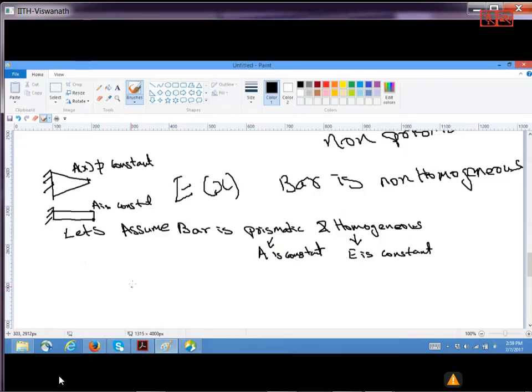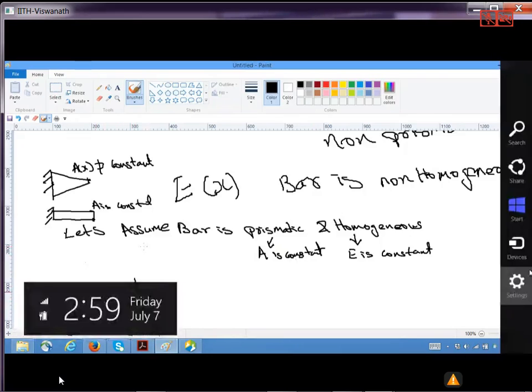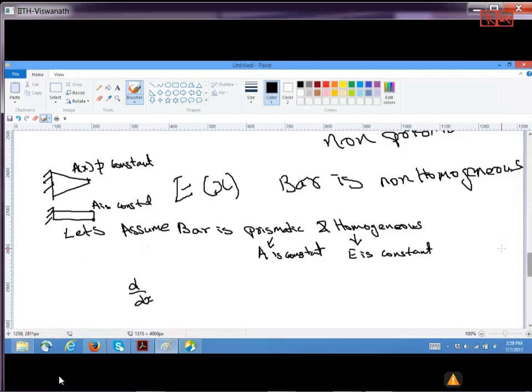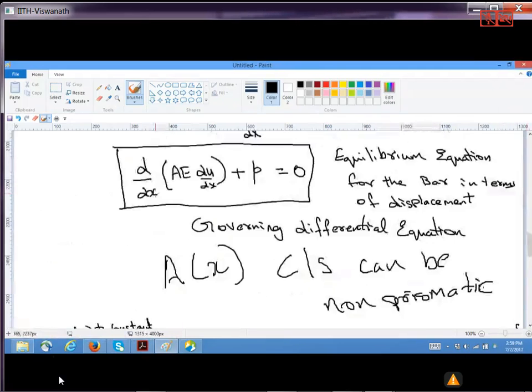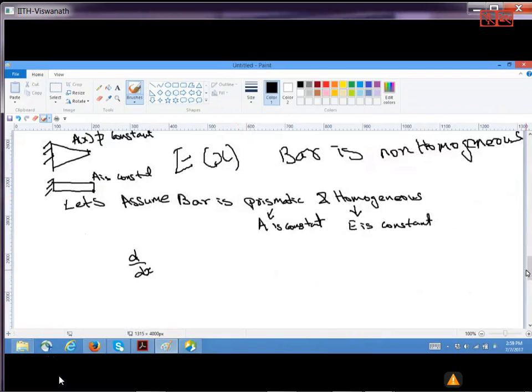Then my differential equation will become d by dx. Just because A and E are constant, they are not functions of x, so I can bring them out and keep them outside. Then I can write it as AE d square u by dx square plus p is equal to 0.